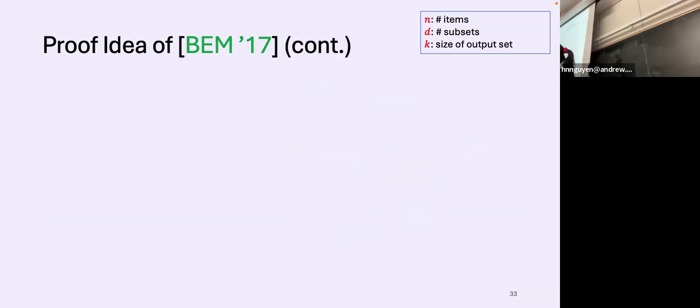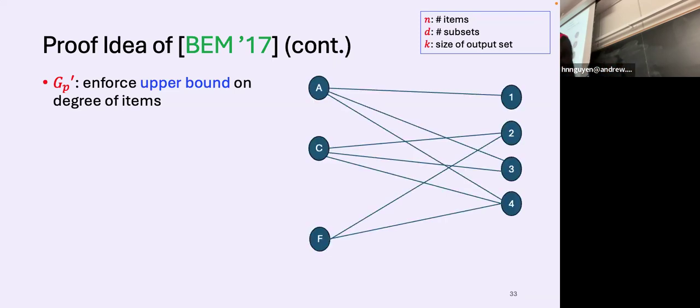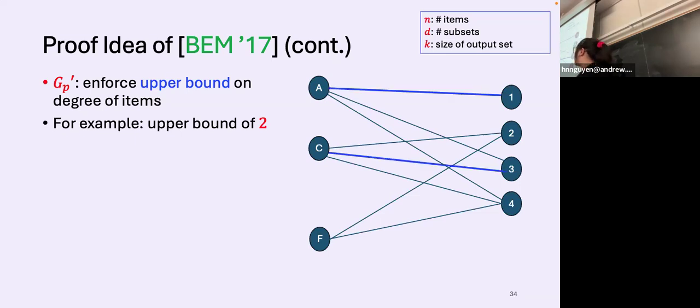So what's the next thing that they do? Well, we have GP. Let's form GP prime. Now what I'm going to do is enforce an upper bound on the degree of my items. Now we're seeing how we're moving towards the final construction. So again, I have GP. Let's enforce an arbitrary upper bound of 2, for example.